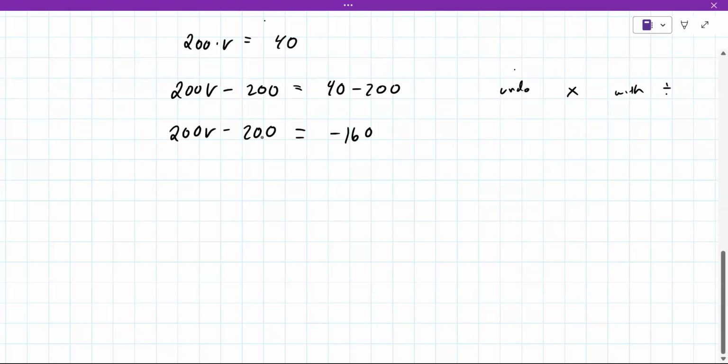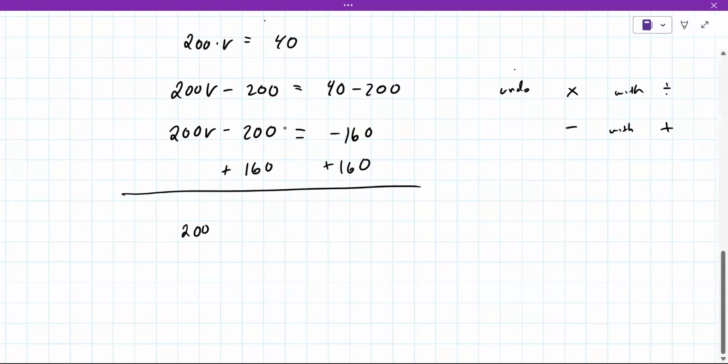You undo subtraction with addition. Okay, so what would you add? 160. Okay, you want to add 160 to both sides. Let's do this. 200 V, what's minus 200 plus 160?